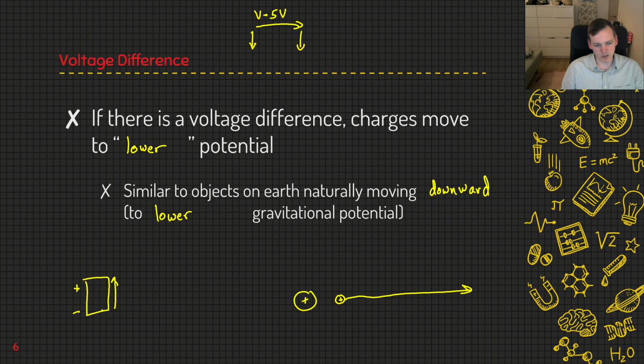This introduces the idea of current, because the flow of charge is known as electric current. If charges are moving because of that voltage difference, that's what creates a current.